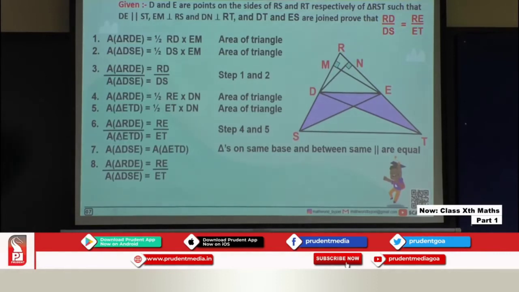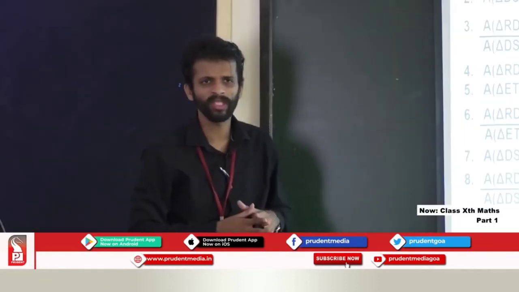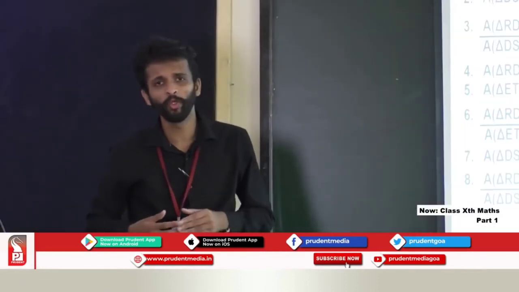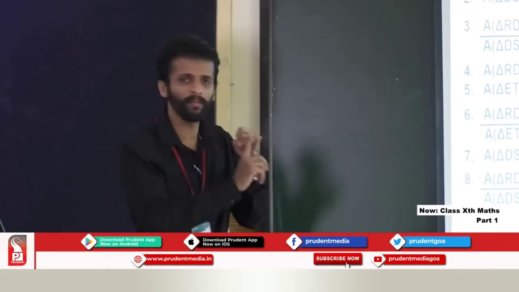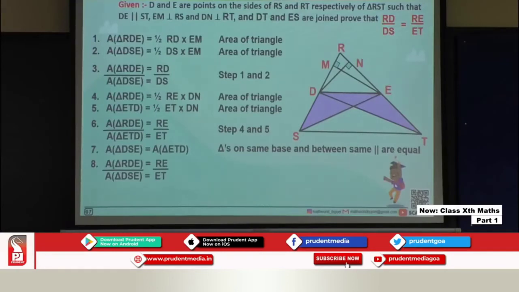So instead of ETD, I will write DSE, and the entire step number 6 is written back again, exactly as it is. All I've done is change that denominator to DSE because in the previous step it was equal. The steps I have used to come to this conclusion are step number 6 and step number 7.